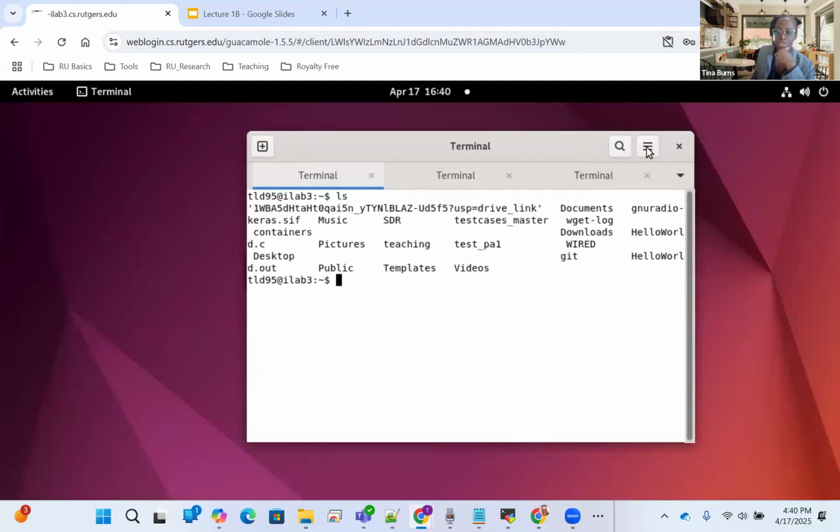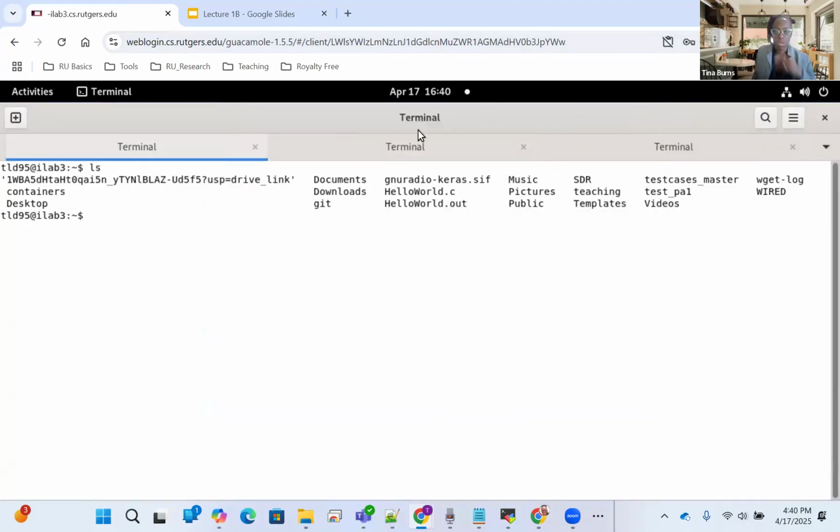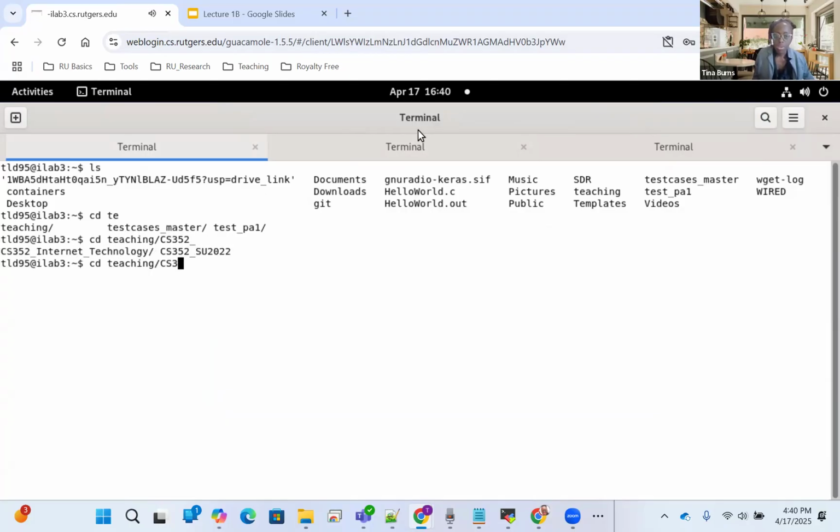Now, I can also access that here. Now I'm going to go into, I have a folder for this already, and then I'm going to go into this. All right, so now I'm in my CS211 class. You'll see where I am here.